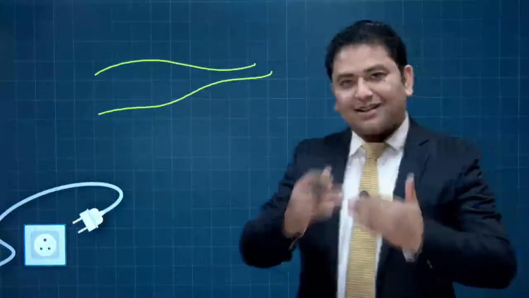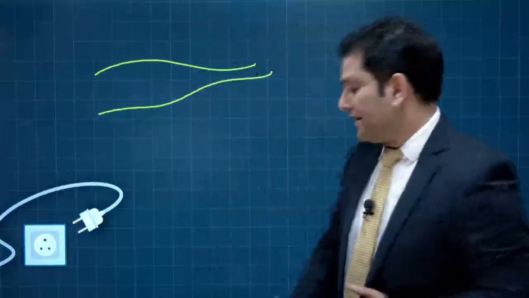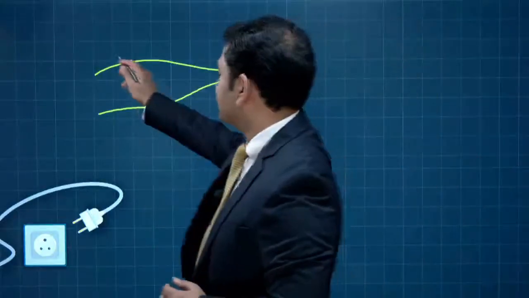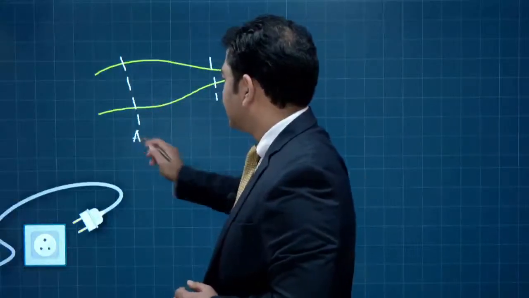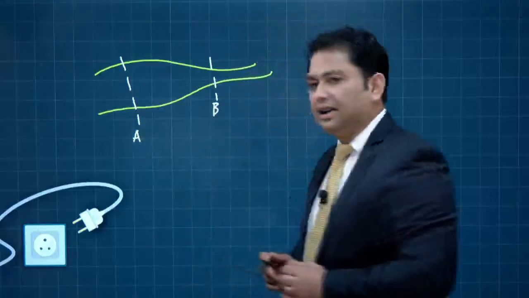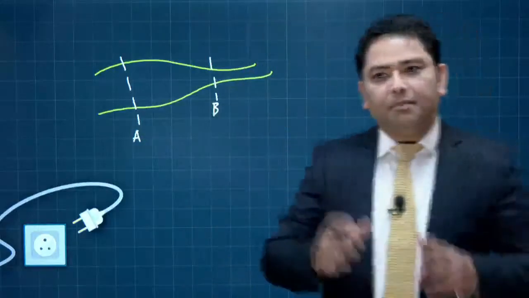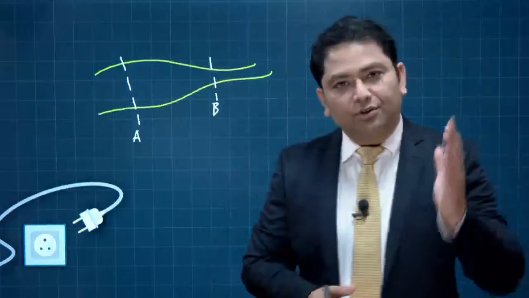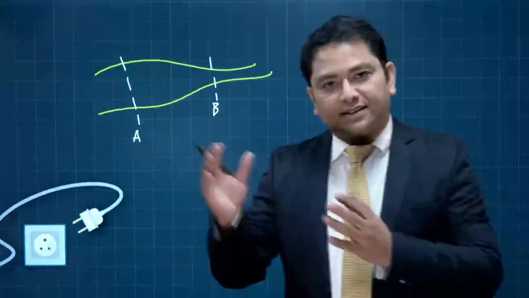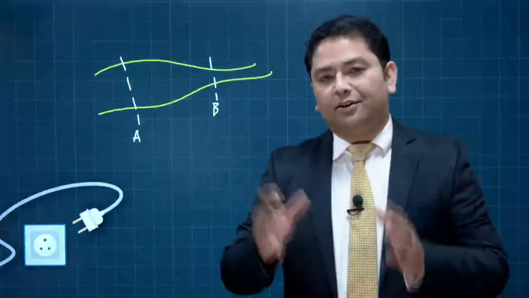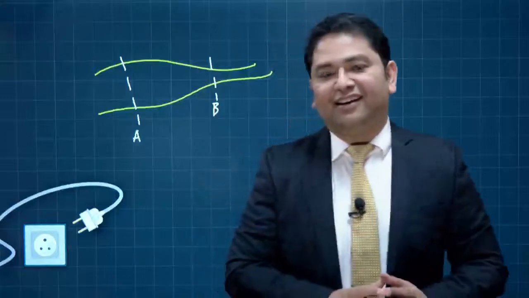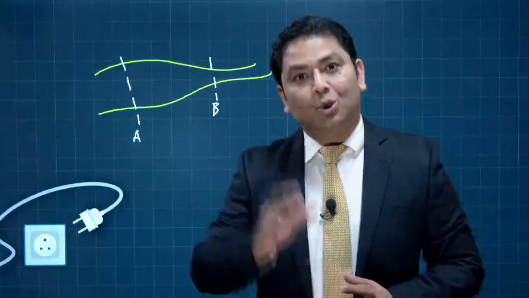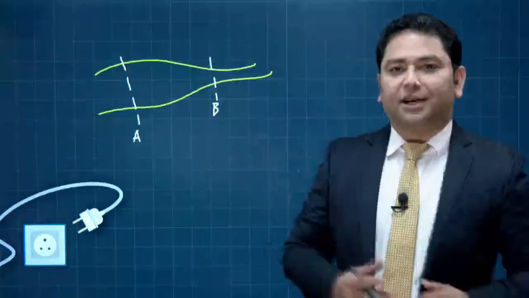अब आप देखते जाना कि किस तरह से concepts evolve होके आएंगे. That means you can take a cross section here, you can take a cross section here. Let us say this is A, this is B. Now, if somebody measures the current through the cross section A and somebody measures the current through the cross section B, guarantee इस बात की है, the value of current will be same. कहने का मतलब, let's take an example, 4-second duration.